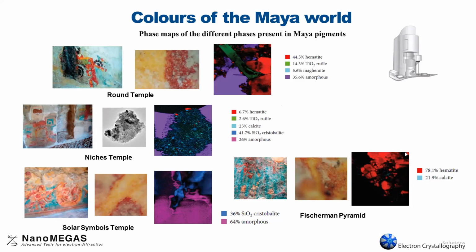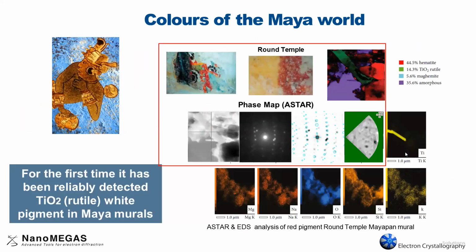So that's quite an interesting result. Then we have also done STEM EDX to confirm the presence of titanium oxide, and the obtained result is quite interesting, because the rutile impurities could come only from the mineral products extracted from the red soil from that region.